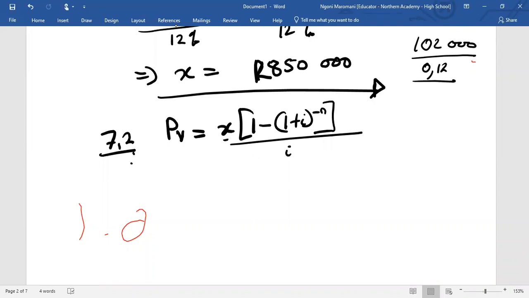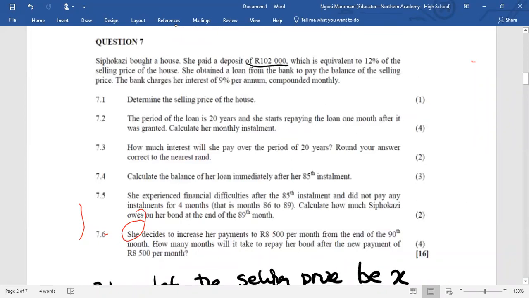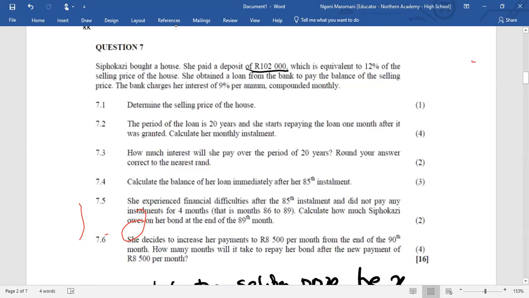How much did Sipokas borrow from the bank? 102,000? Let's read the question. Sipokas bought a house. She paid a deposit of 102,000.